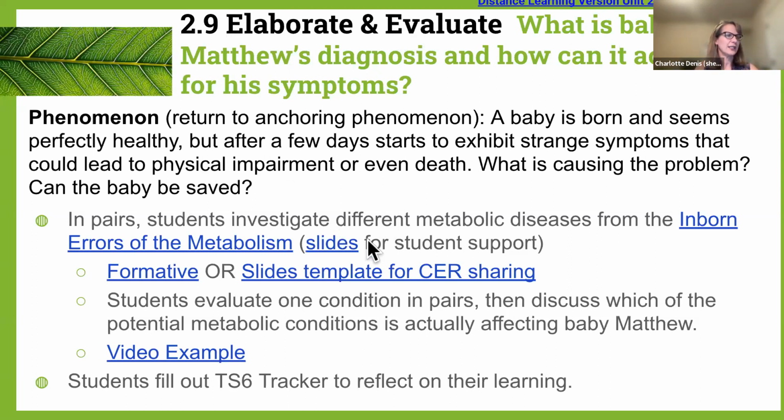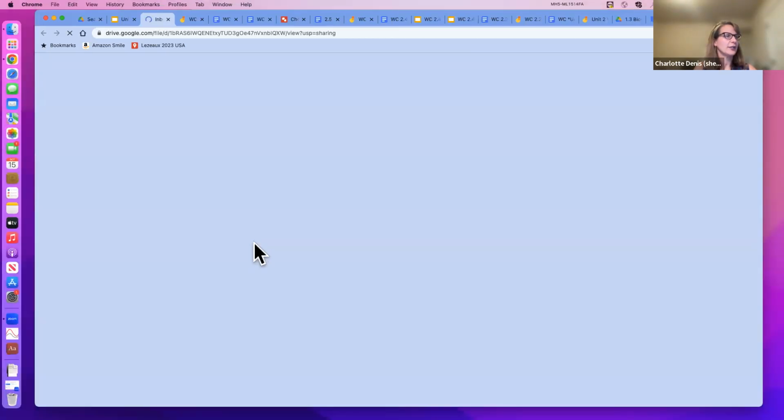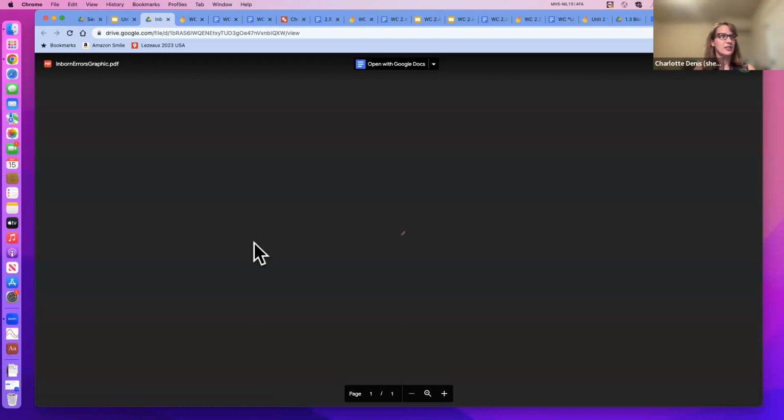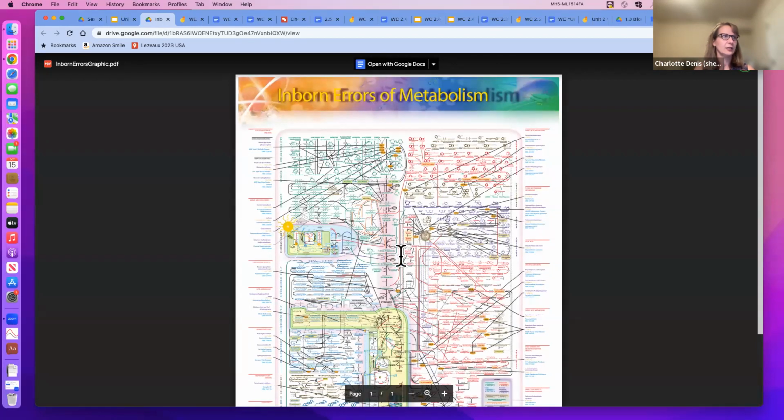So what students have an opportunity to do here, and there's a couple of different ways you can do it. We have it set up in a form, and then I prefer to do it on a slides template. That works well for me. There is a poster called Inborn Errors of the Metabolism, and I do have this also printed out in my classroom.